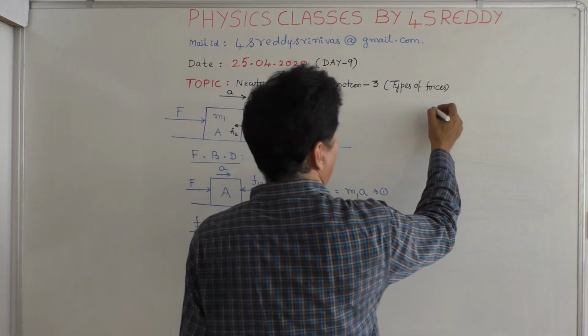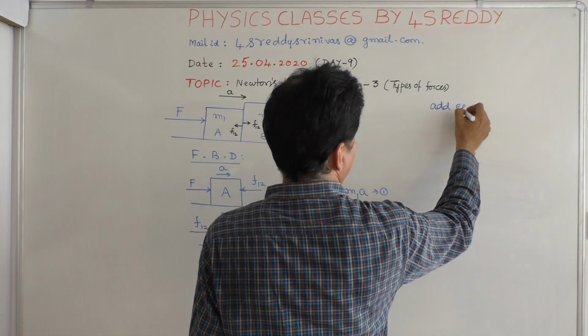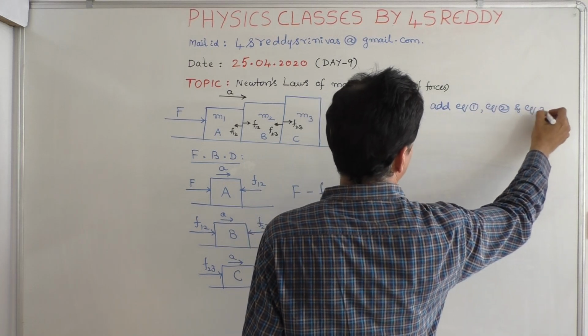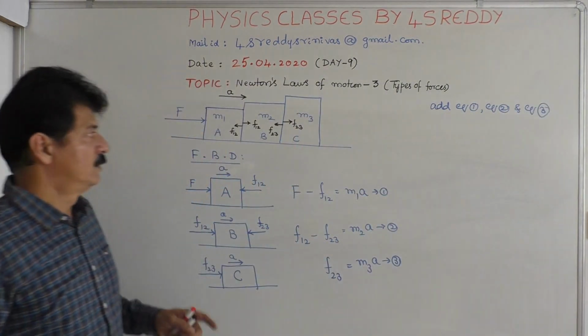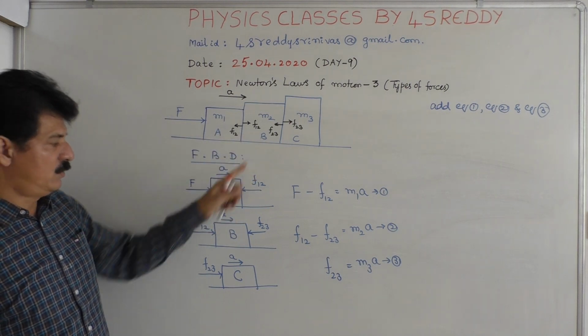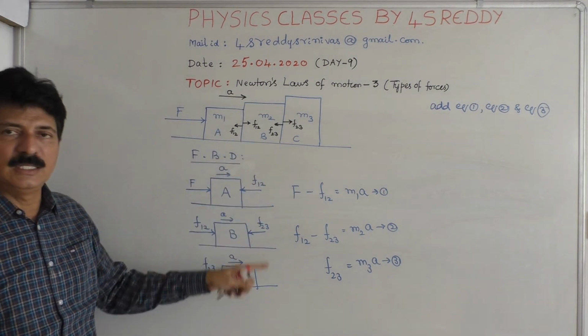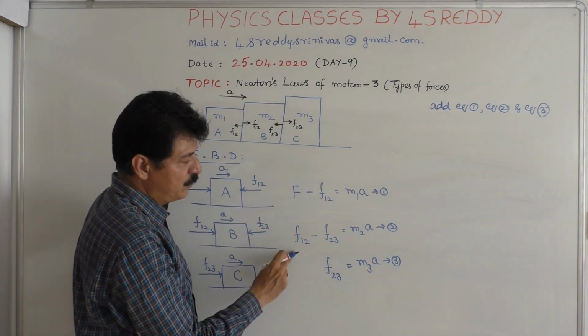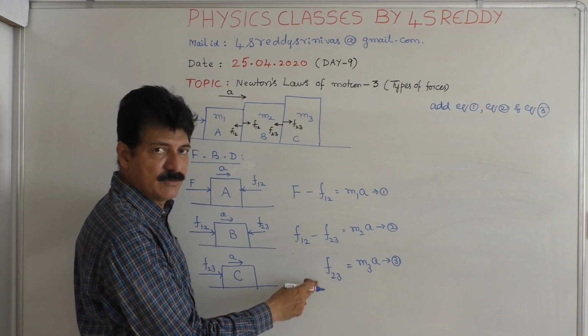Now add equation 1, equation 2 and equation 3. For block A, these are the two forces. For block B, F12, F23. And for block C, only this. Therefore, add all these three. Minus F12 plus F12, minus F23 plus F23 cancel.